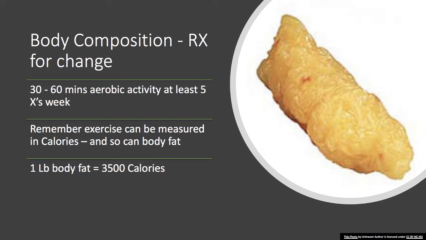And there is no such thing as spot reducing. In other words, you can't pick where you want to lose it and work that spot. You need to work your whole system overall and burn as much energy as you can. Your body just uses up the stored body fat, again, just stored energy, where it will, and eventually it will get everywhere. But there is no such thing as spot reducing.